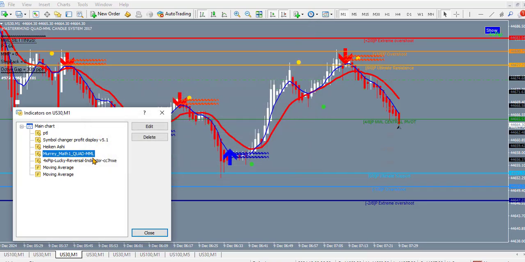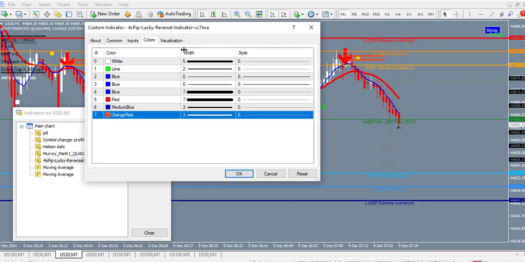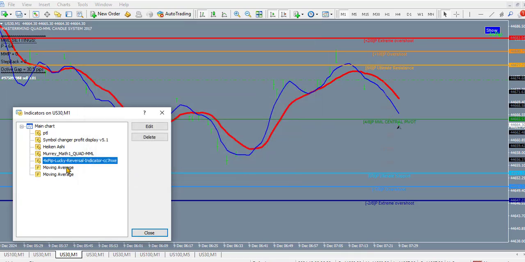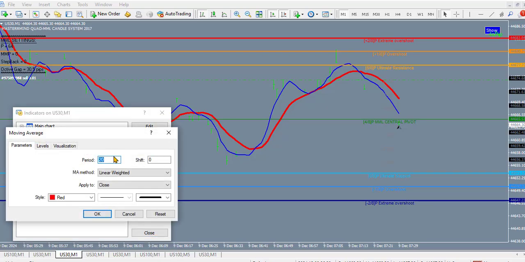And the reversal indicator here, these are the colors, and these are the inputs here, so you can change the value if you want or play with it. Then I have two moving averages, period 20 linear weighted, apply to close.